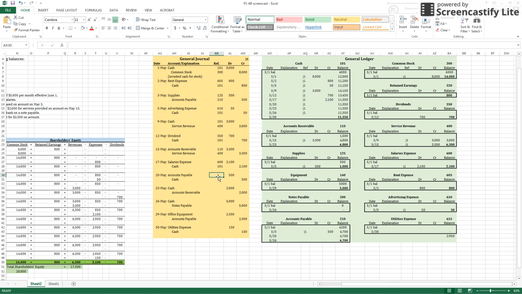On the 20th, we had accounts payable of $500. That's account 210. And we debited that. So we debit that there. And we credited our cash for $500 on the 20th. On the 23rd, we are debiting cash for $2,000.